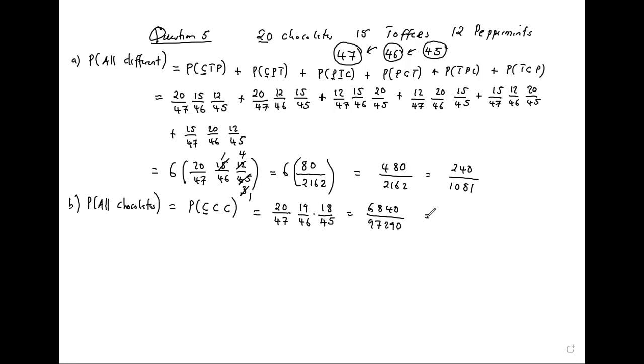Then divide: 6840 divided by 97290. So we get 76 over 1081.